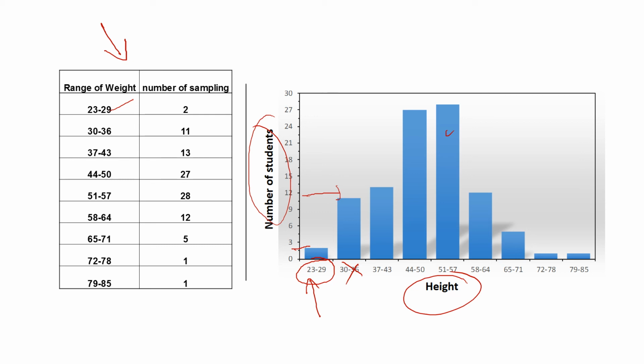The class midpoint can be calculated with this formula: the lower boundary plus the highest boundary, divided by 2. For this one, to calculate the midpoint, it is 37 plus 43, and then divide by 2.